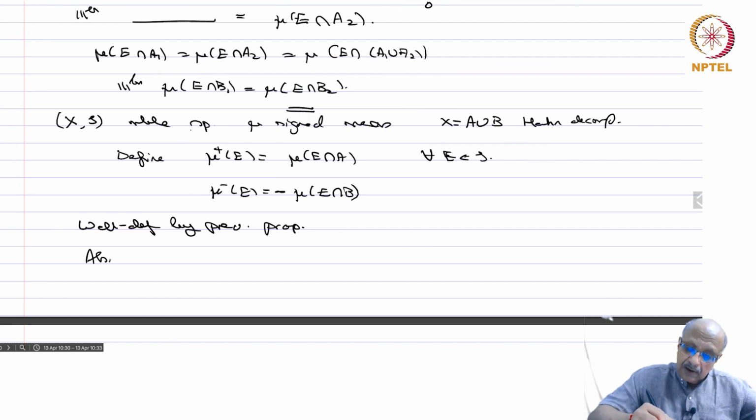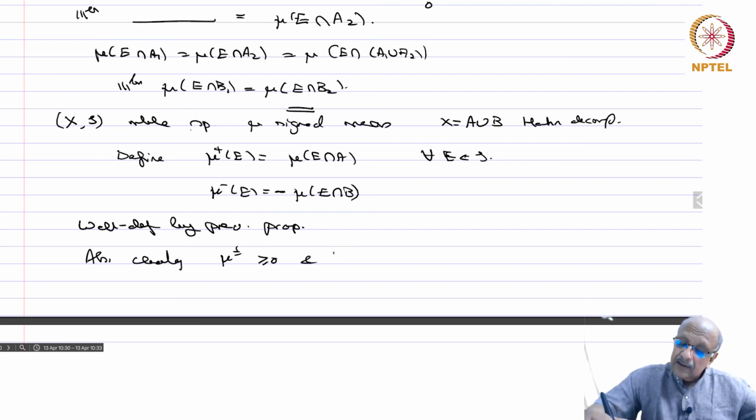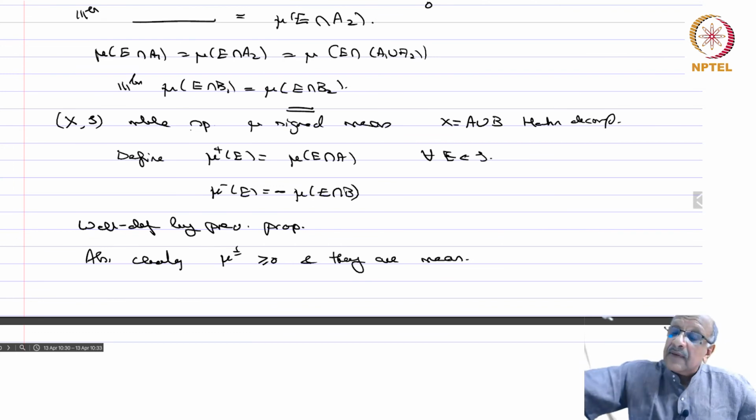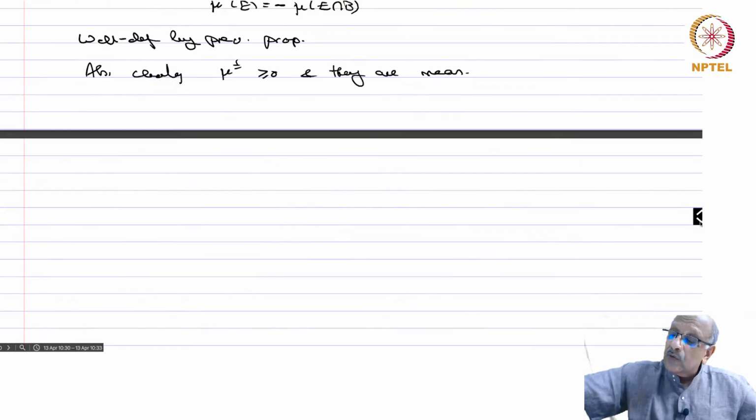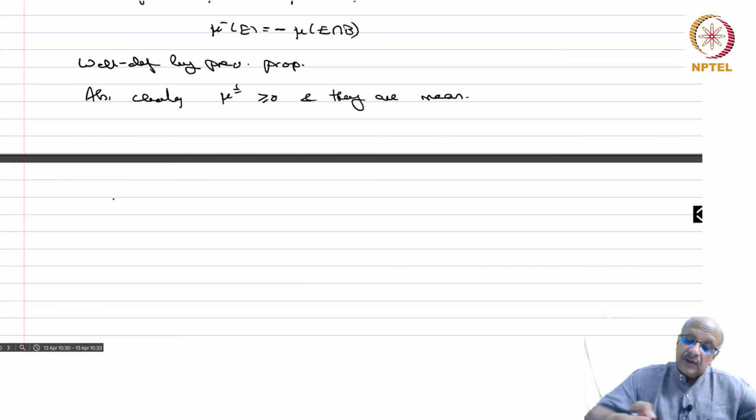Also, clearly, mu plus and mu minus are non-negative and they are measures, because you defined them as E intersection A, and when you restrict a measure to a particular set by intersection, it's also a new measure.